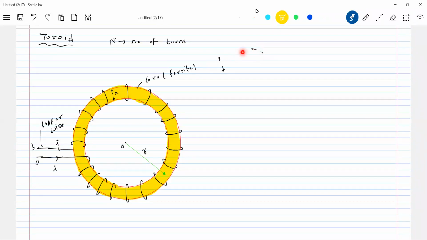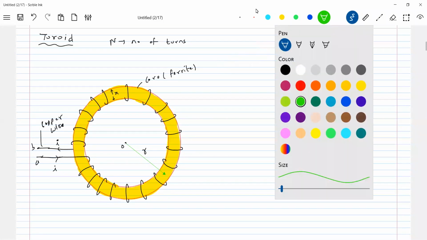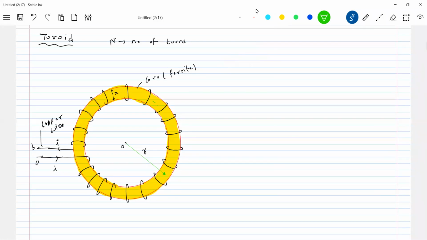So shall I assume Ampere's Circuital Law? Yes, that's the best thing, which will help us a lot. So I'll take help of Ampere's Circuital Law. I will draw an Amperian path. Are you seeing the green colored dotted line?